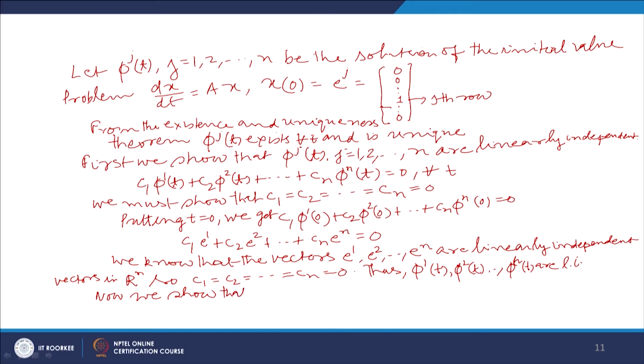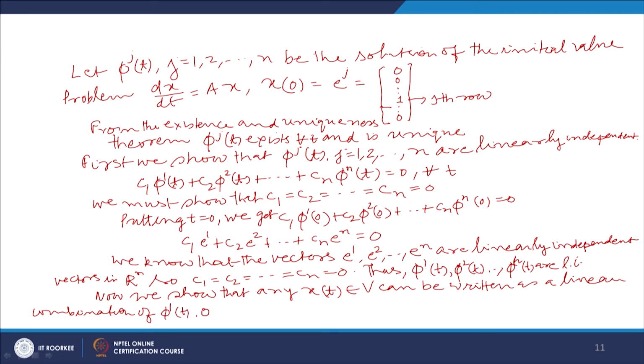Now, we show that any x t belonging to B, the space of all solutions of the homogeneous system x dot equal to Ax, can be written as a linear combination of phi 1 t, phi 2 t and so on phi n t.